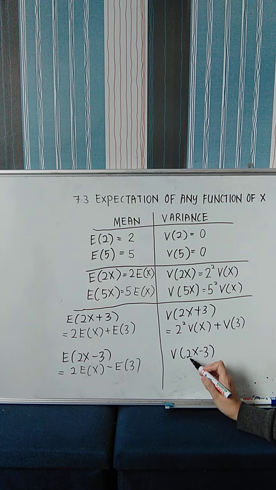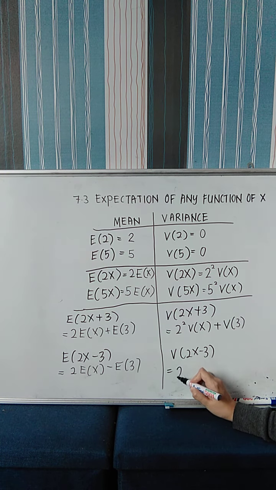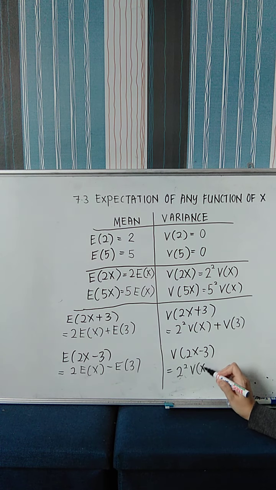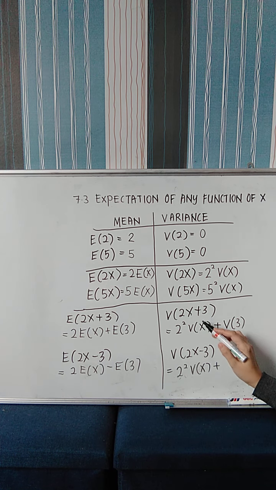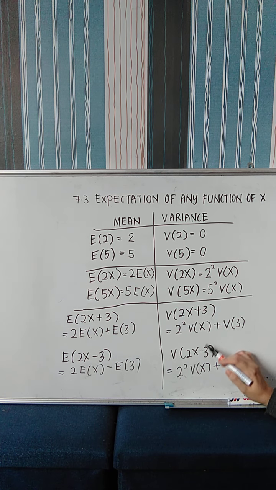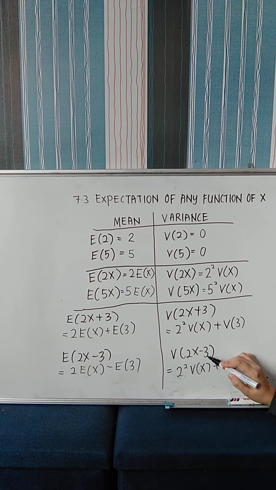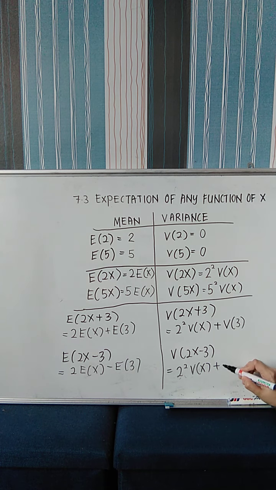And if the variance has minus here, you take 2 squared variance x, and the minus becomes positive. So for variance, if plus also plus, if minus also plus. No minus for variance. So 2 squared variance x plus variance 3.